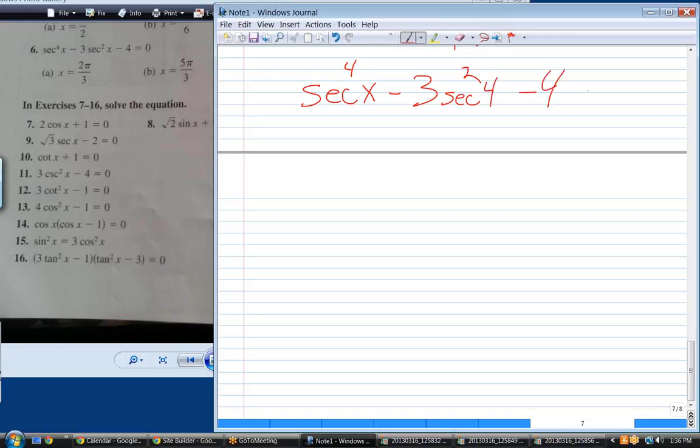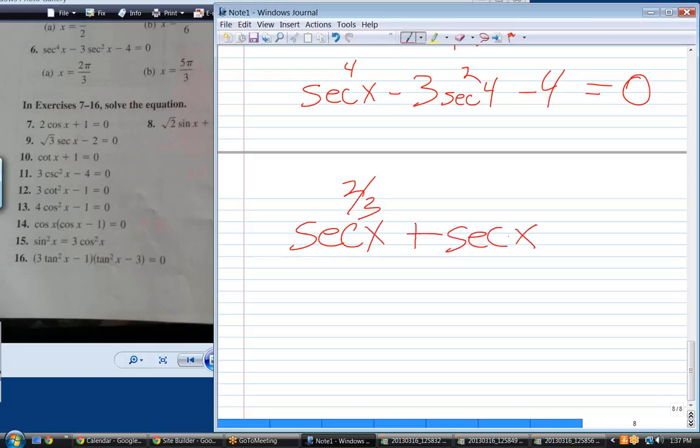It's not that hard to solve from scratch. It's also a quadratic. Notice that the only thing we need for something to be a quadratic is for this term to be twice that. In other words, I could have a quadratic if I said, as long as this thing is twice that thing, I've got a quadratic in secant to the third x.